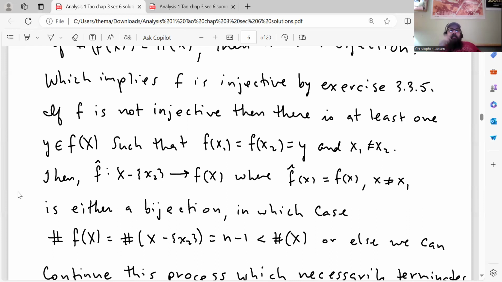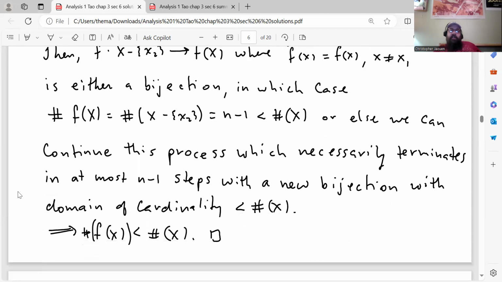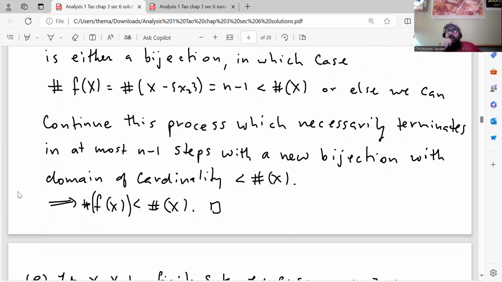Then f hat from the set X minus the singleton set containing x2 to the forward image of X under f, where f hat of x equals f of x, is either a bijection, in which case the cardinality of the forward image of X under f is equal to the cardinality of X minus the singleton set containing x2, which is equal to n minus 1, which is less than the cardinality of X, or else we can continue this process, which necessarily terminates in at most n minus 1 steps with a new bijection with domain of cardinality less than the cardinality of X, right? And that proves the theorem.